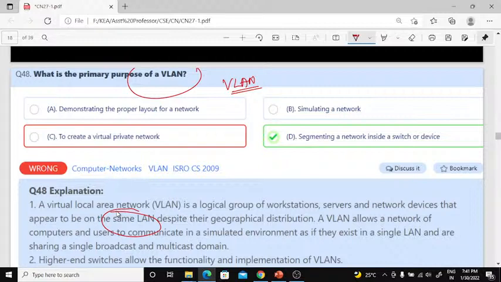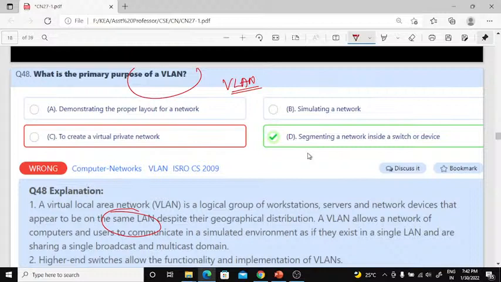It allows a network of computers and users to communicate in a simulated environment as if they exist in a single local area network, sharing a single broadcast and multicast domain.